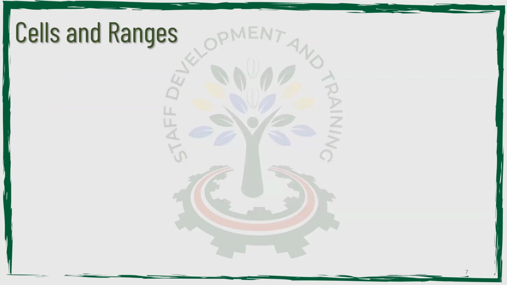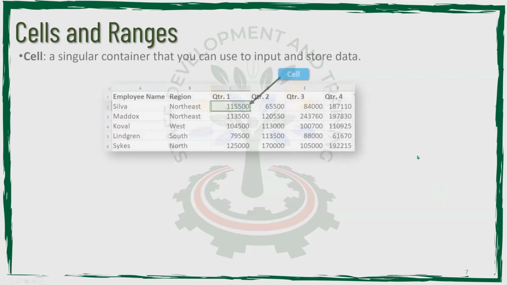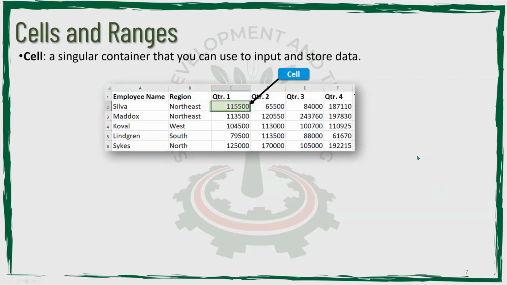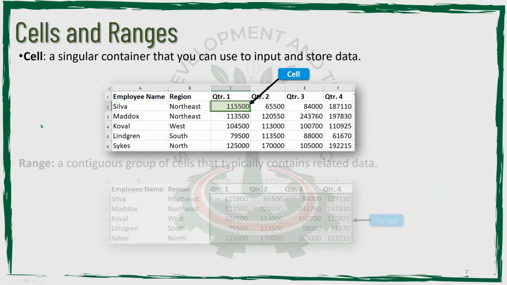Cells and range is one of the most common terminologies when it comes to working with Microsoft Excel. So a cell is simply a singular container that you can use to input and store data. So as you can see in this illustration on the slide, cell C2, which is the cell reference, is pointing out that that is just a singular container that you can use to input and store your data.